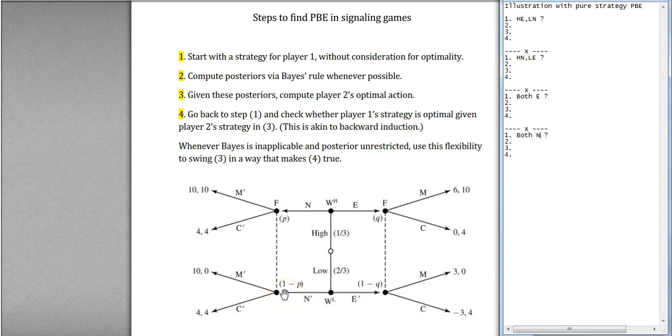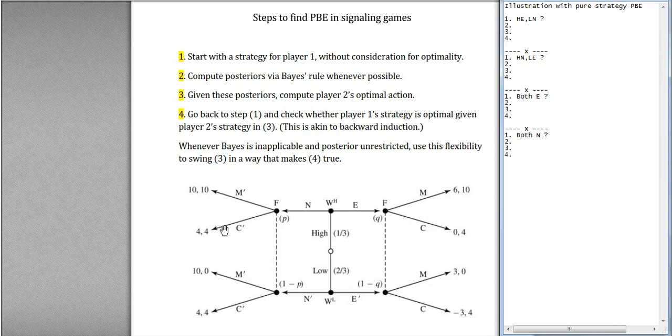And then player 2, who's the firm and doesn't know the ability type of player 1, that's why there's the information set here, needs to choose whether to make this job applicant a manager or a clerk. That's the game. It's player 2 here who has incomplete information, and it's player 1 who has the opportunity to send out a signal as to his or her type.